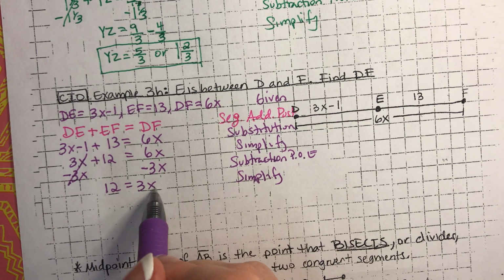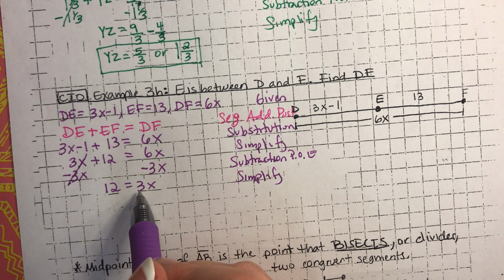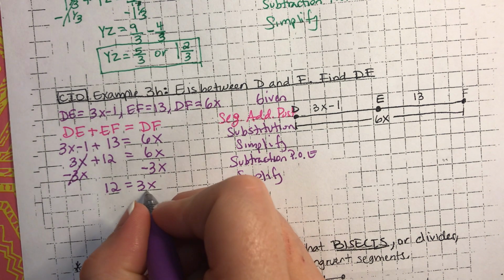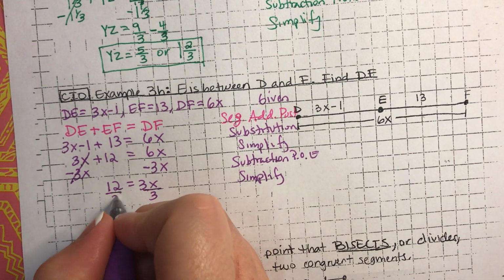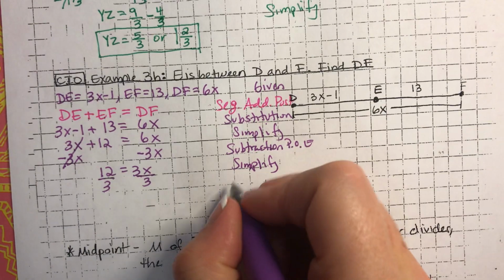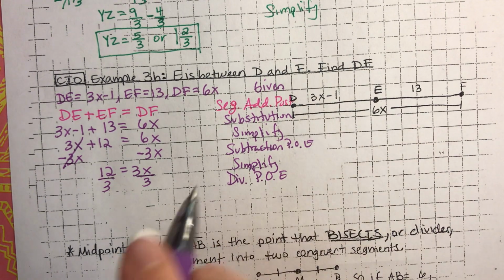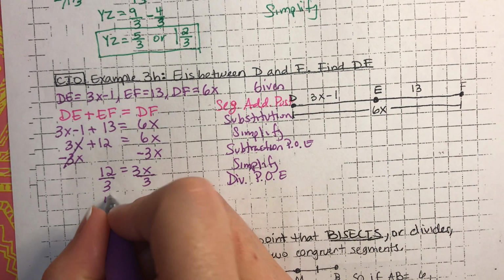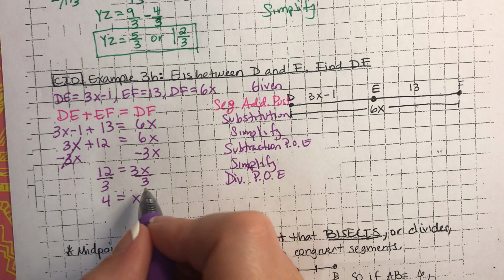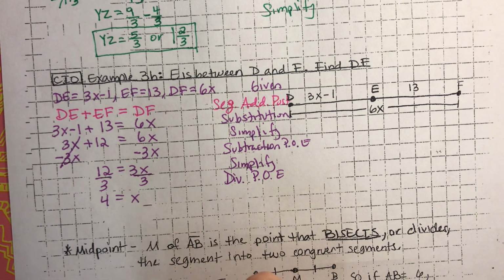And then I want to get x by itself, so I need to get rid of this 3. It's 3 times x, so the inverse operation would be dividing by 3 on both sides. So division property of equality. 12 divided by 3 is 4 equals x. 3 divided by 3 is 1. 1 times x is just x.